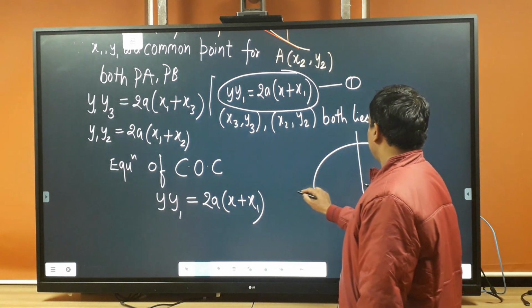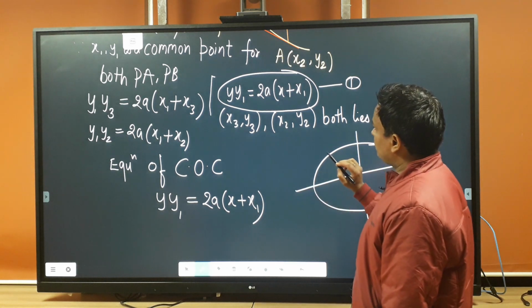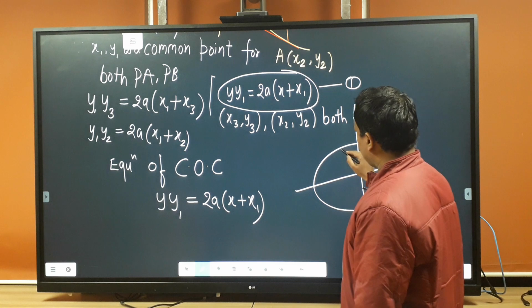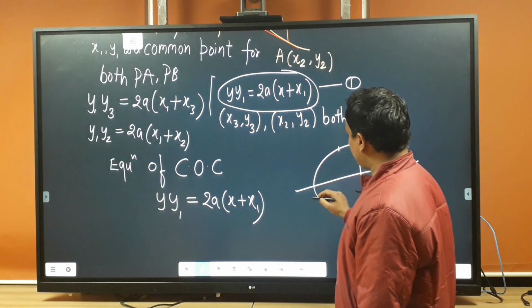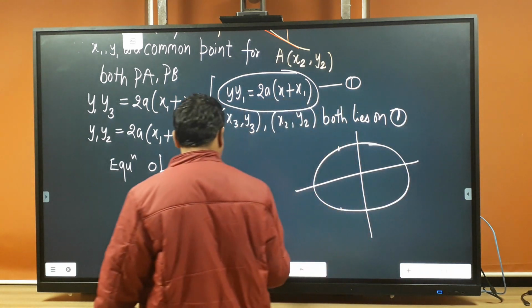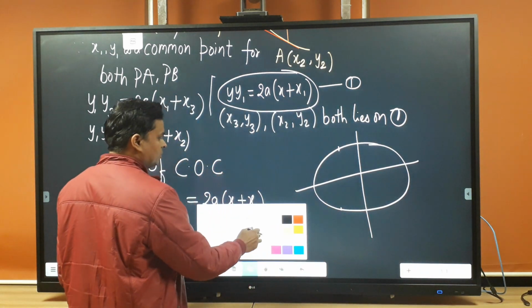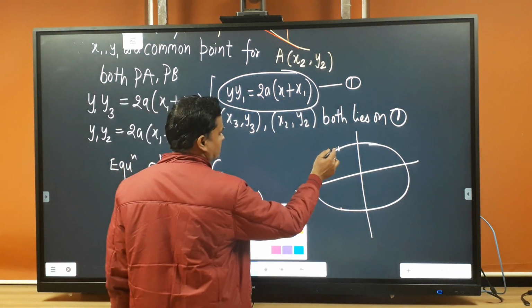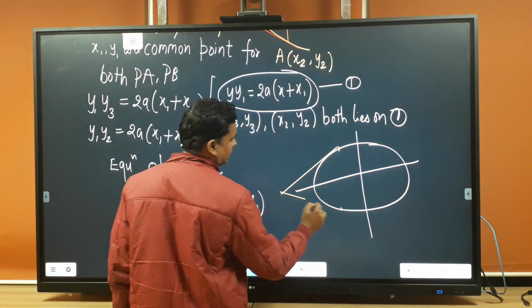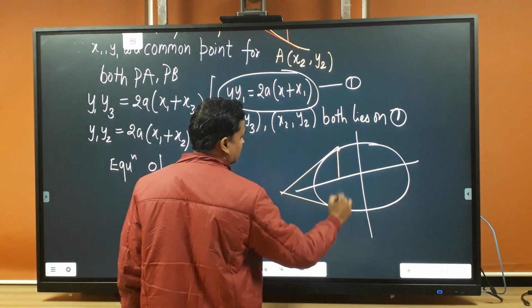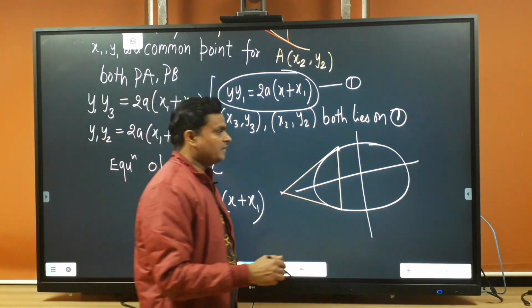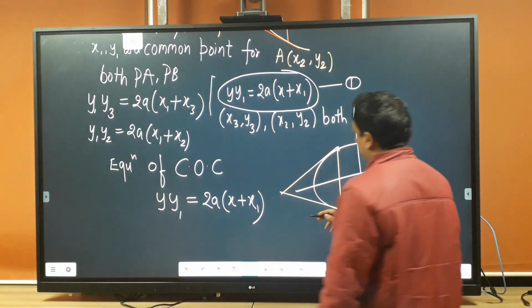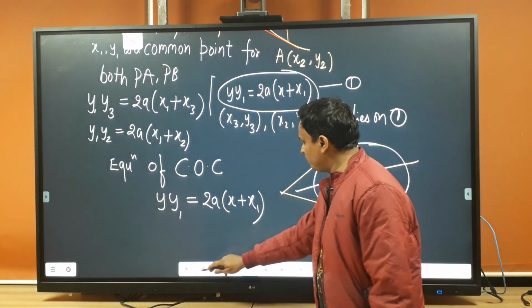Take two points A and B, and from A and B draw two tangents like this, and then join this line. This is the chord of contact, and give similar arguments, where this point is x1 y1.